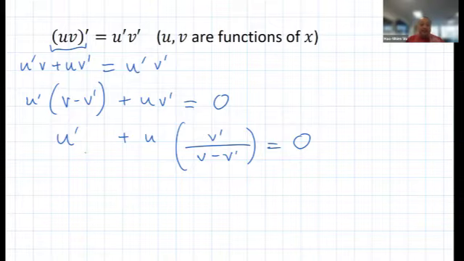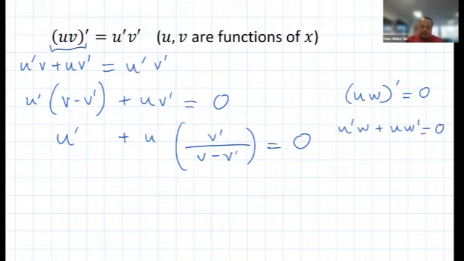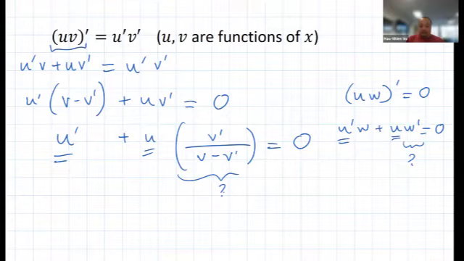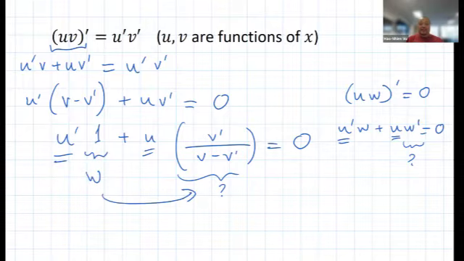It has to do with noticing that this looks almost like a product rule. If you have uw prime equals 0, then you'd have u prime w plus uw prime equals 0. Look, we have the u prime and the u, and something that may be w prime, maybe. Well, that can't be, because if this were w prime, then this factor of 1 here would have to be w, and the derivative of 1 is not that complicated thing.